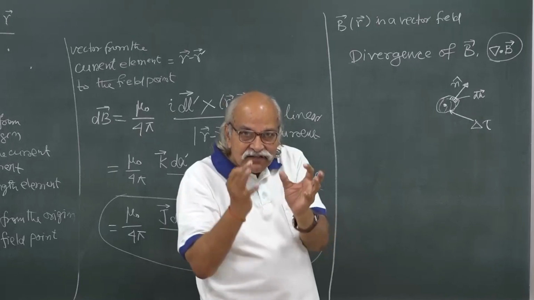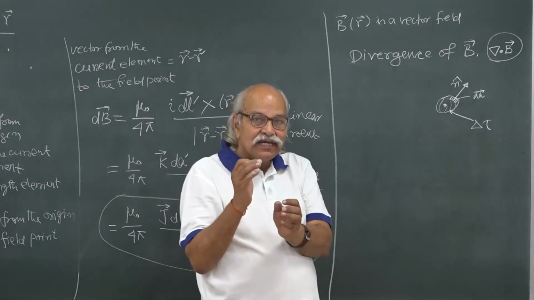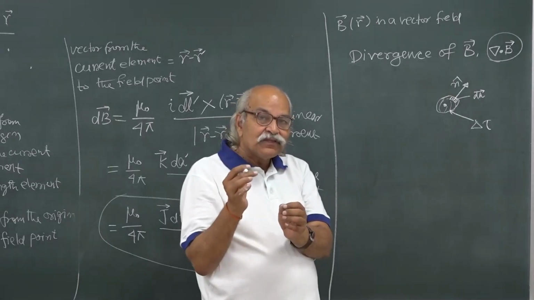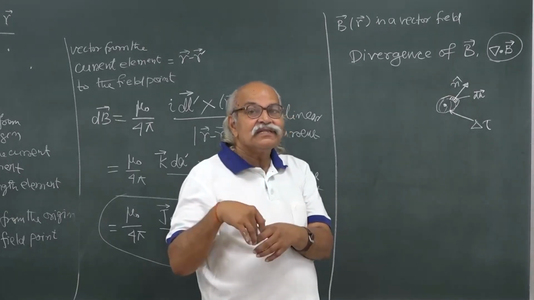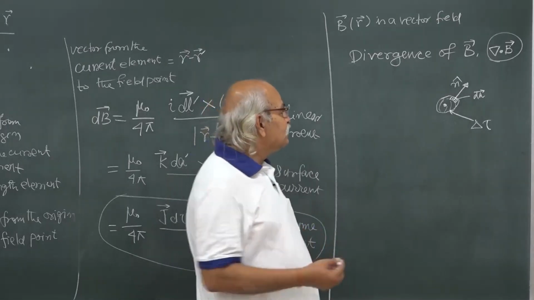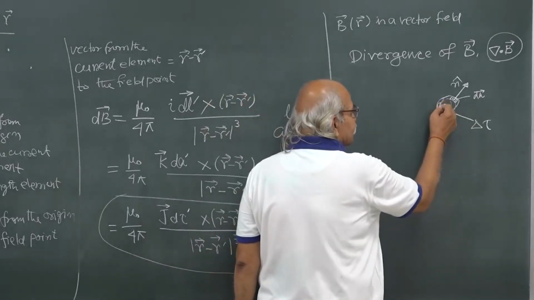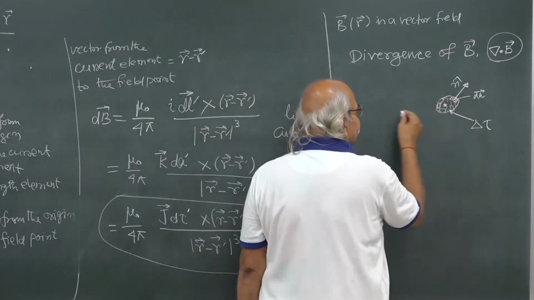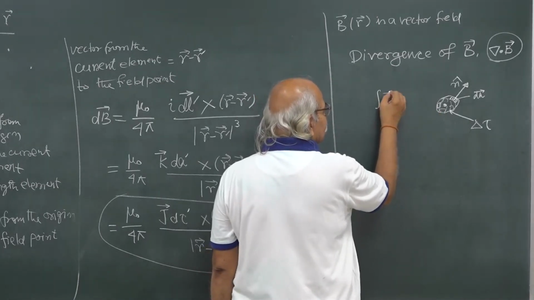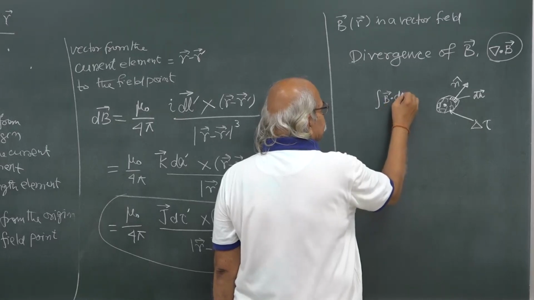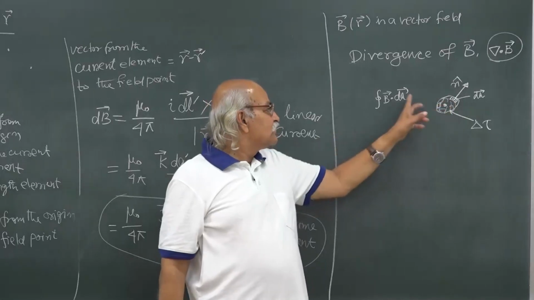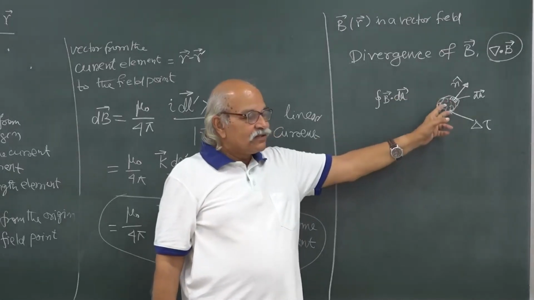So, on the surface of this closed surface, you take a small area and on that area you draw a normal in the outward direction, okay, and do it everywhere, and construct this quantity B dot dA.